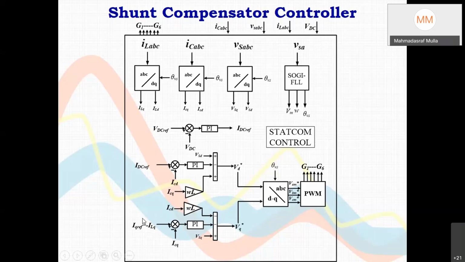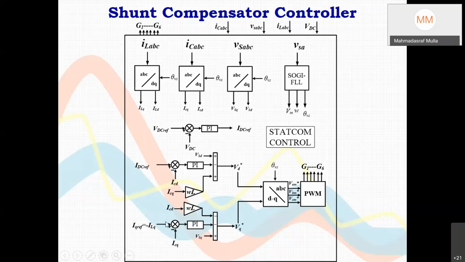So IQ reference is minus of whatever be the load current Q value. So when you are changing load current, maybe from RL to RC or from 2 bank to 4 bank, automatically in closed loop, new reference for Q component will be given here. So this is how ID reference and IQ reference for inverter will be calculated.